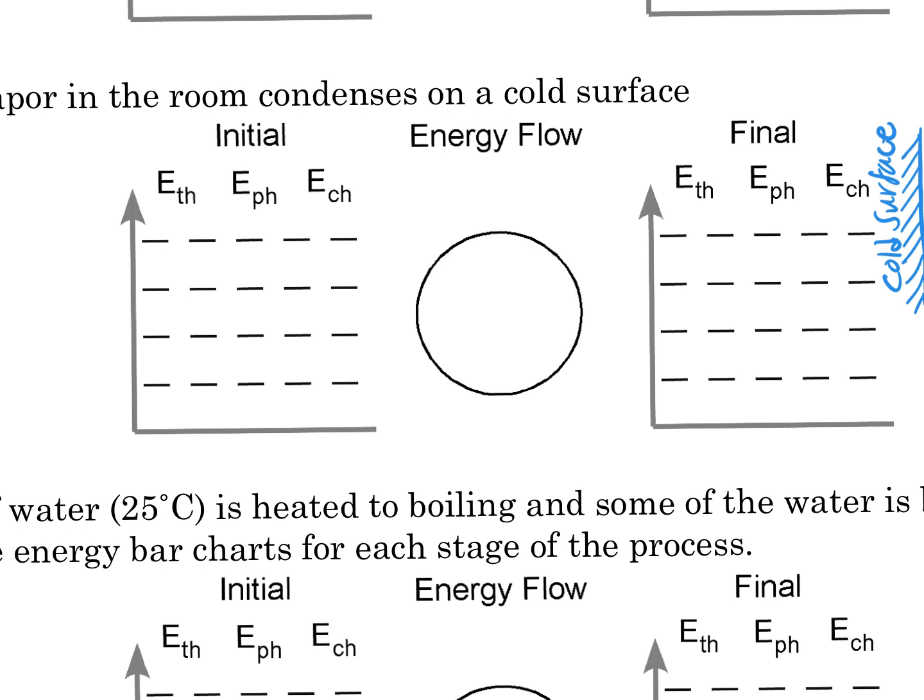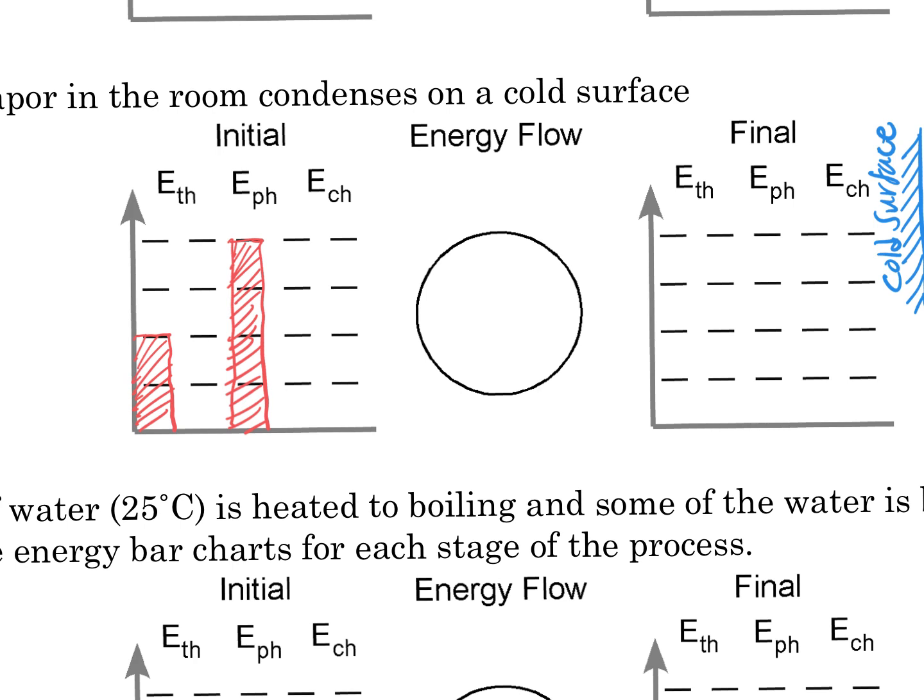Okay, so we're starting at room temperature water vapor. So room temperature, ETH, that's going to be 2 bars, okay? And we've got water vapor. And if we follow the rules that we established about our bar charts, we're going to have EPH to be 4 bars, okay?